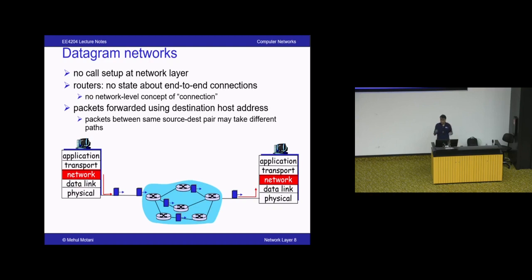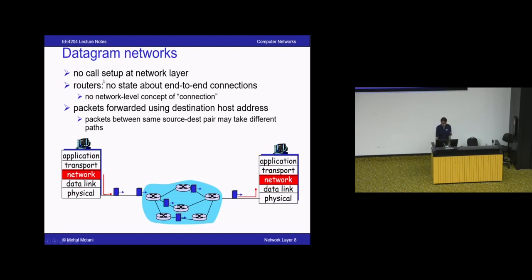The network layer has no call setup. What that means is that the functions running at the network layer don't do setup, and the functions at the transport layer, like TCP, do call setup. That's what we mean when we say that the network layer has no call setup.